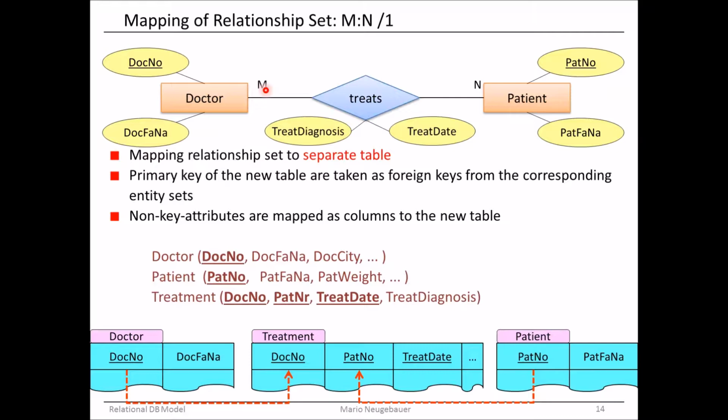There's a doctor for the general treatment, and then maybe there are special treatments, and we need many doctors in the hospital to treat one patient. And then there's this treatment. The doctor somehow performs the treatment onto the patient, and this treatment may have the treatment diagnosis, a treatment date, and maybe some other attributes.